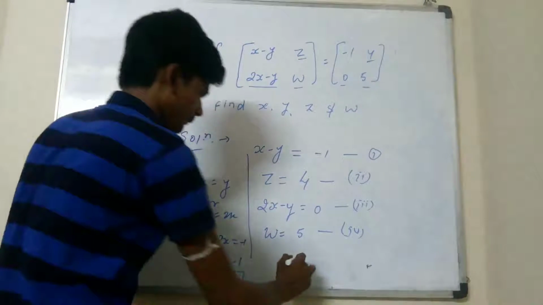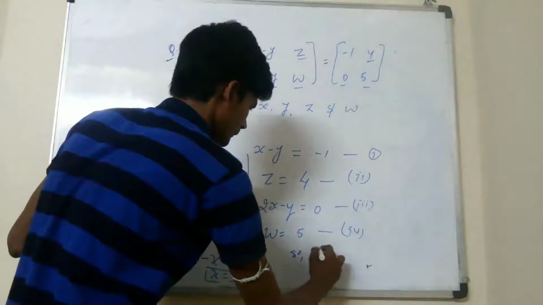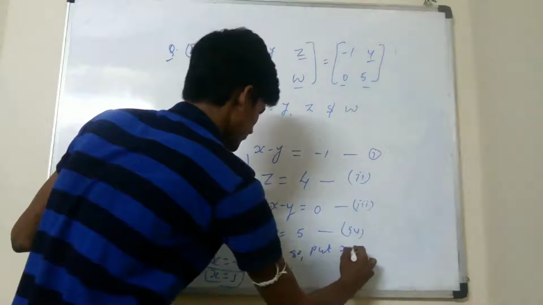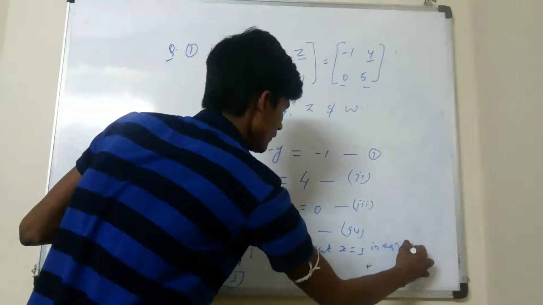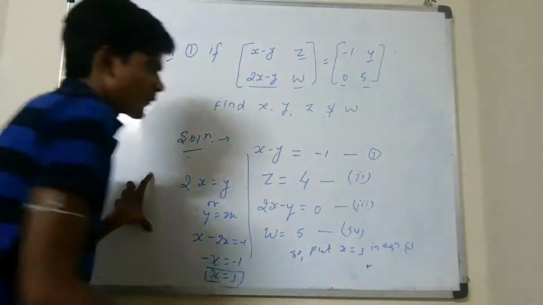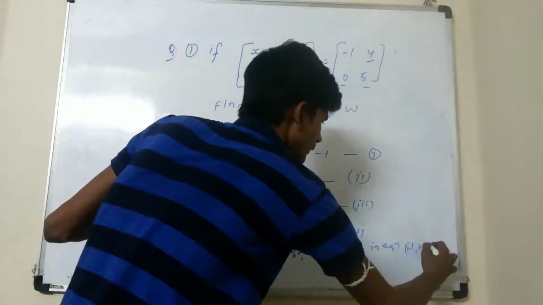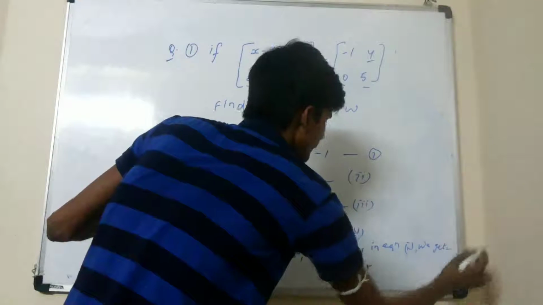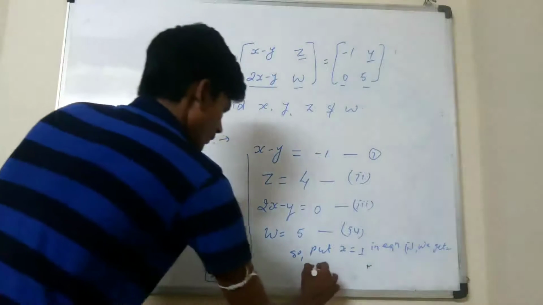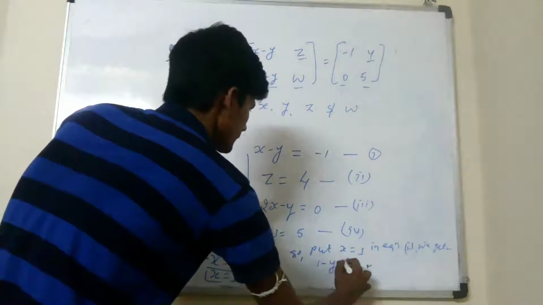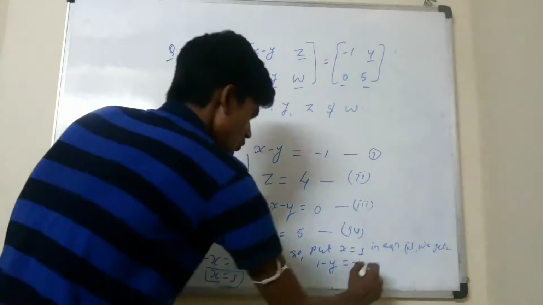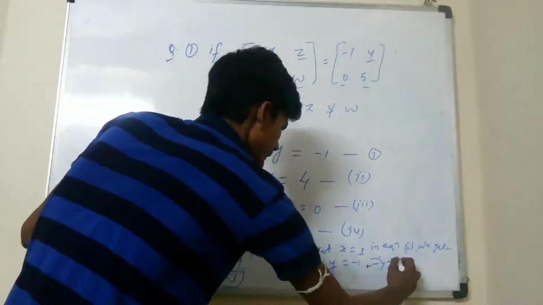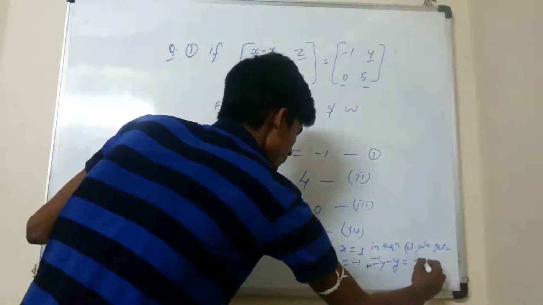Putting x equals 1 in equation 1, we get 1 minus y equals minus 1. So minus y equals minus 2.